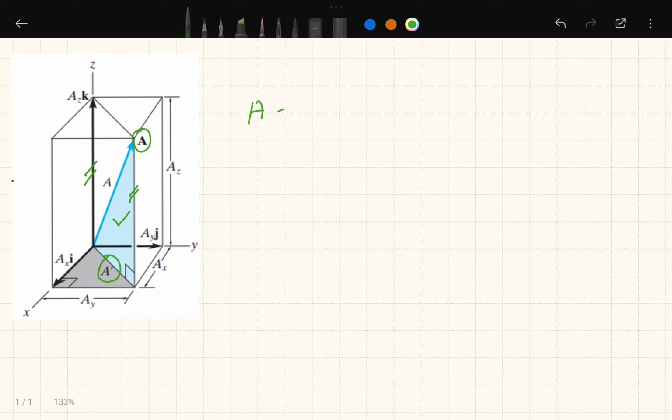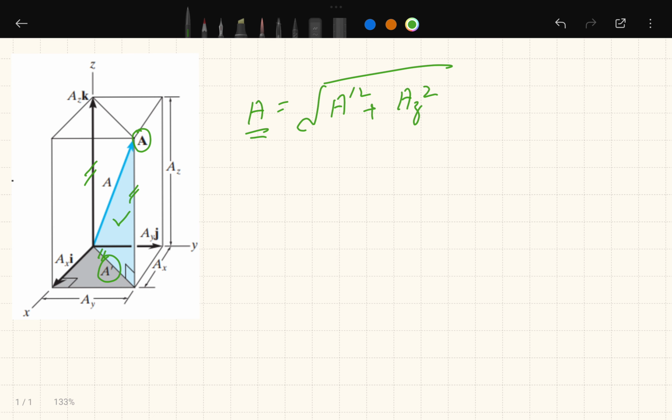So the magnitude of vector A will be given by A prime squared plus the vertical component Az squared.